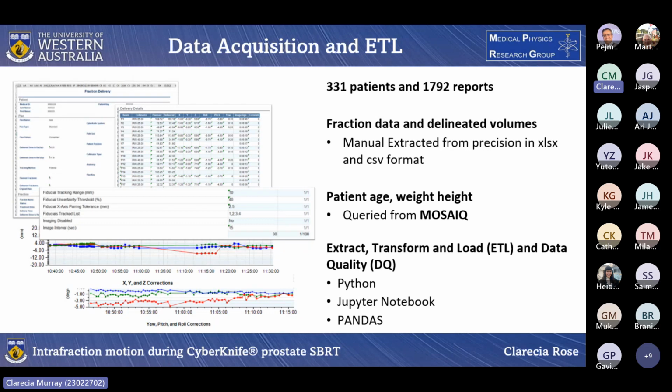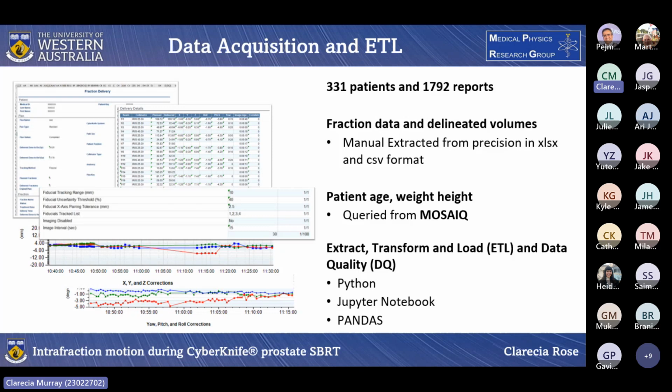This data, the flat files, were manually extracted during times when the relevant PC was not in use. If you have a look at the second screenshot down, you can see all of the X, Y, Z, roll, pitch, and yaw vectors that were acquired. This was iterated over with Python and concatenated into one big structured table for analysis.